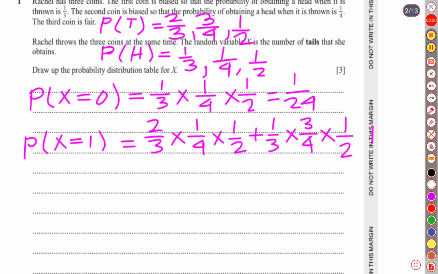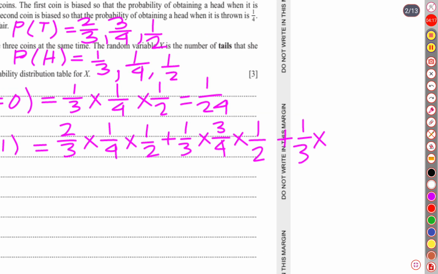What is the third case? Third case is that first one and second one, both of them are head. So for first head it is one third, and second one is also head, for second head it is one fourth. Third one is our tail, which is half.